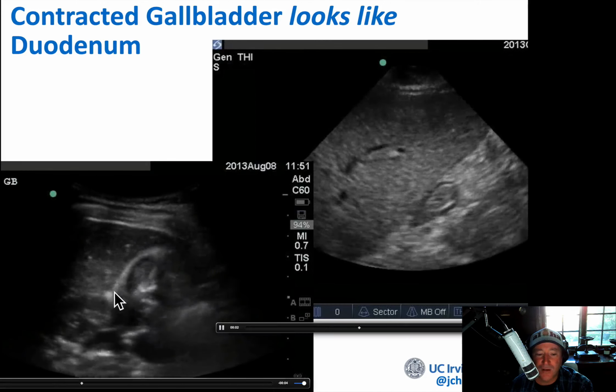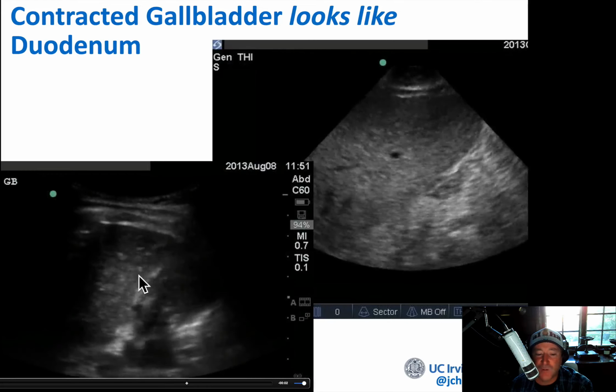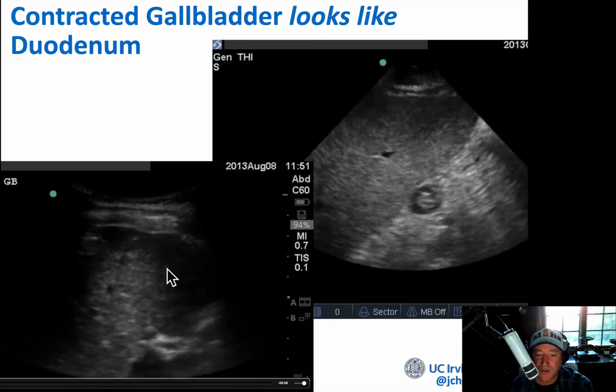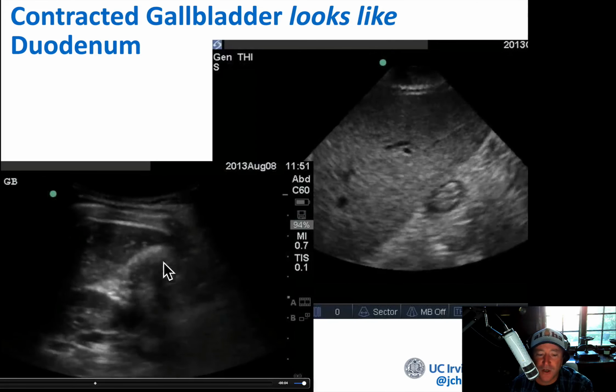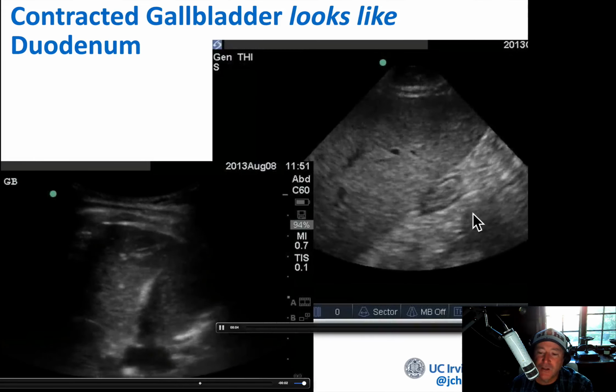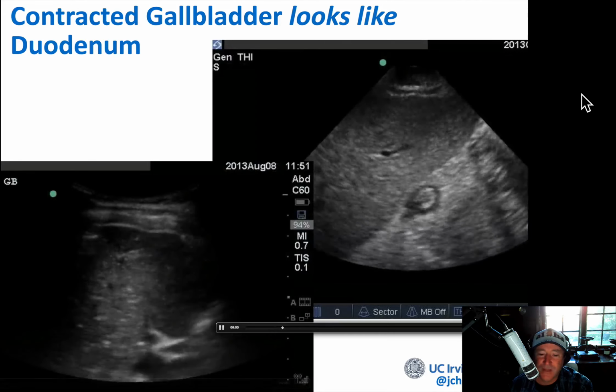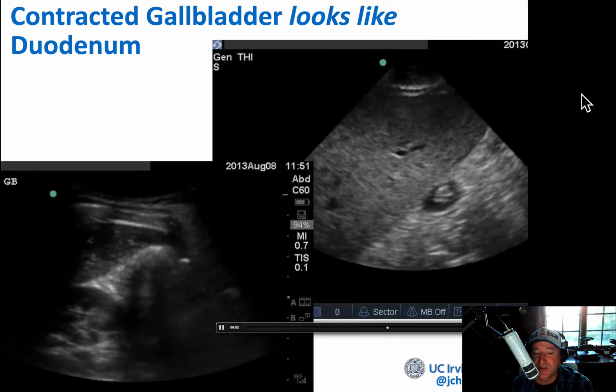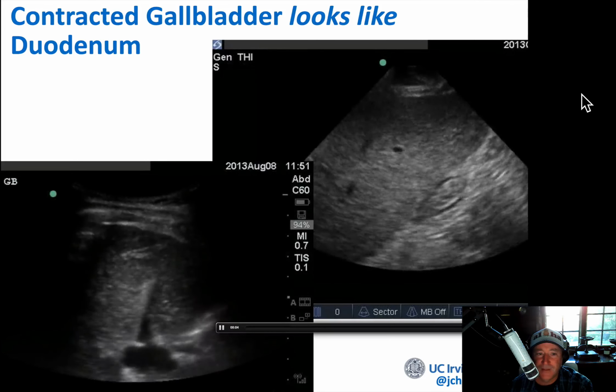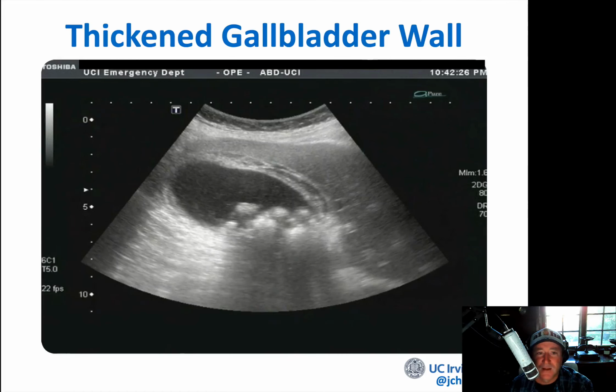Whereas with the gallbladder, it's definitely a very prominent hyperechoic ring around that gallbladder. Gallbladder hyperechoic ring, duodenum hypoechoic ring. And then the gallbladder is inside the liver. It's tricky though.